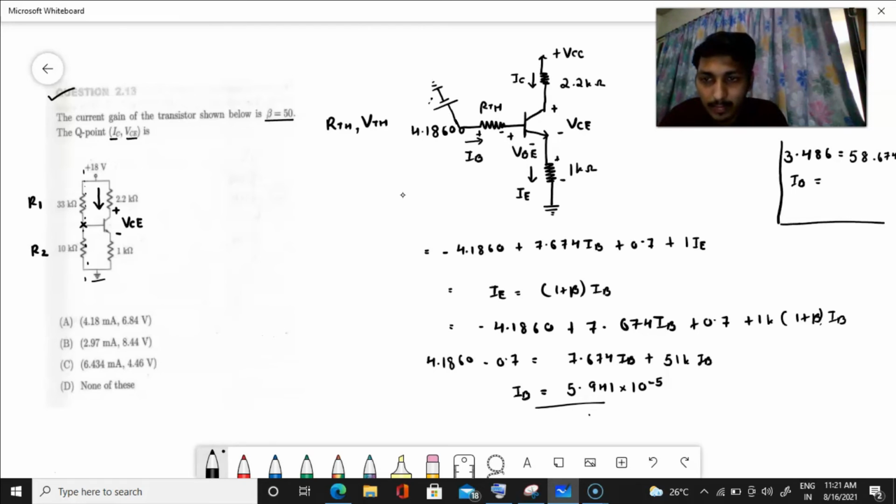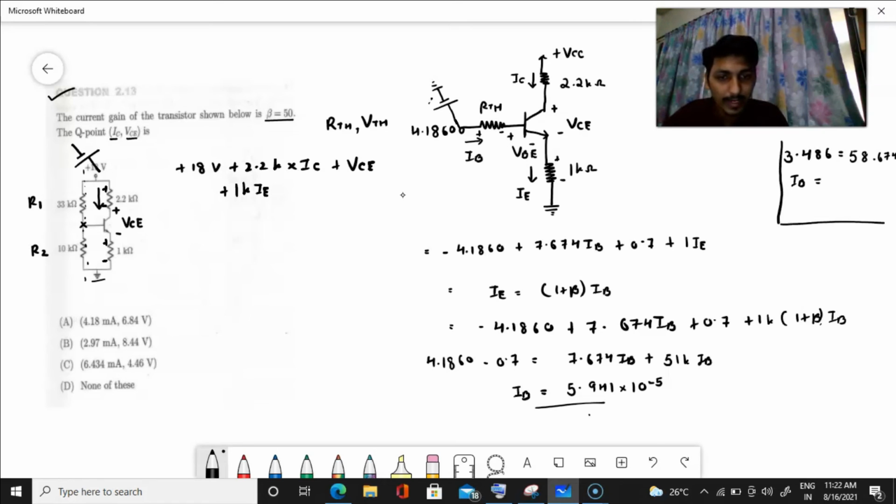So plus 18 volt plus 2.2 kilo times IC. The polarity is very important to us. Plus VCE plus 1 kilo ohm times IE.